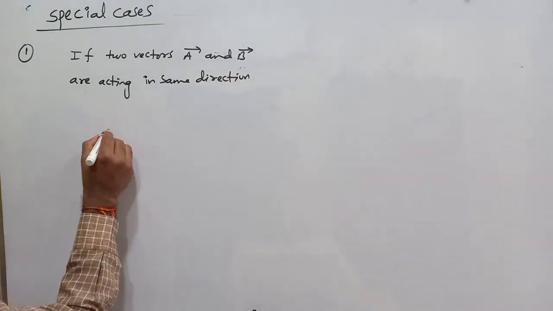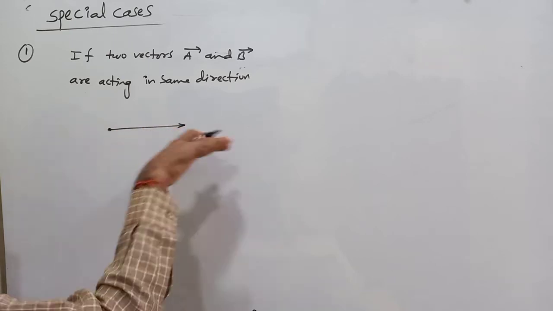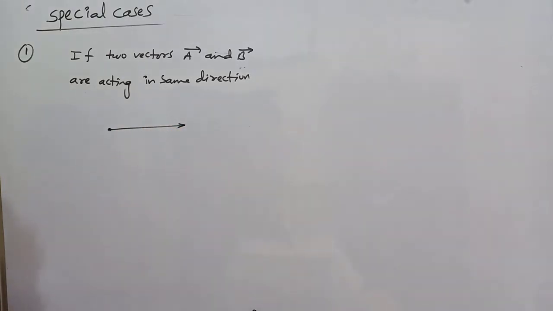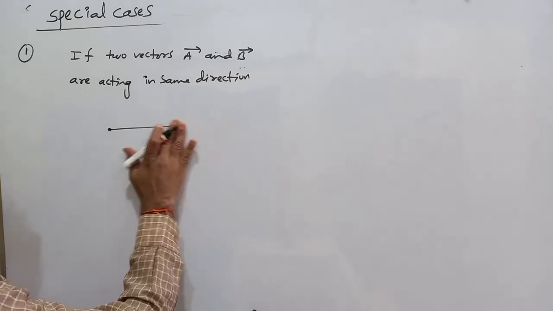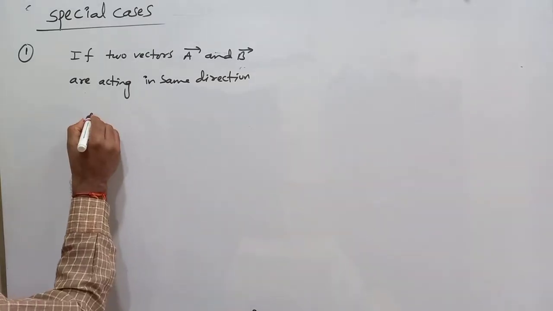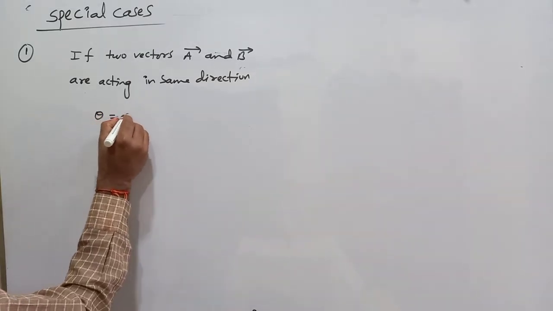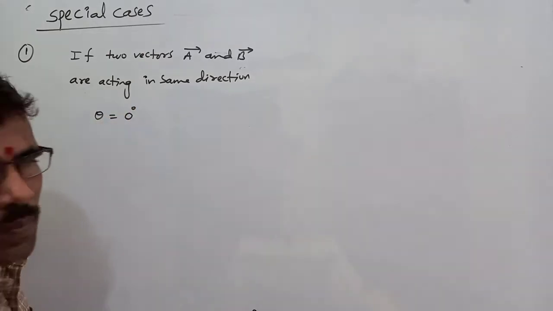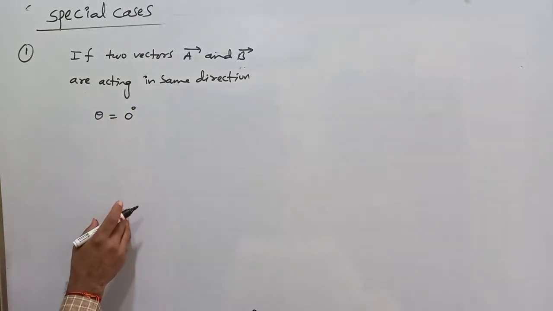So here A bar and B bar are acting in the same direction. What is the angle between them? 0. The angle between them is 0.